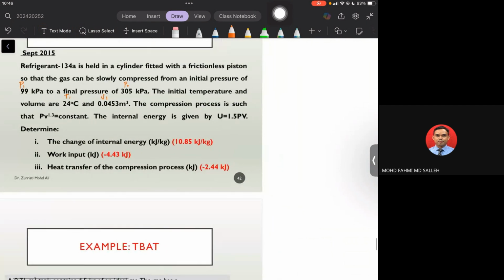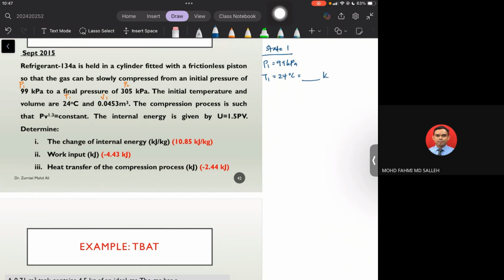So you can write all this information as such. State 1, P1 equal to 99 kilopascal, and then T1 equal to 24 degrees Celsius. Like I always mention to all of you, we're going to convert the temperature into Kelvin.